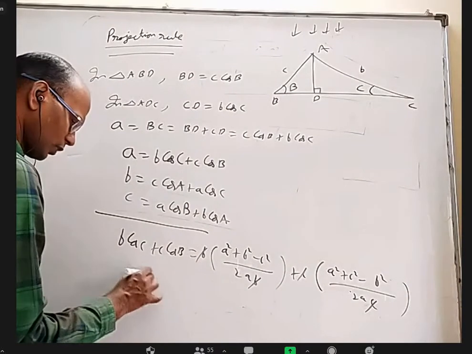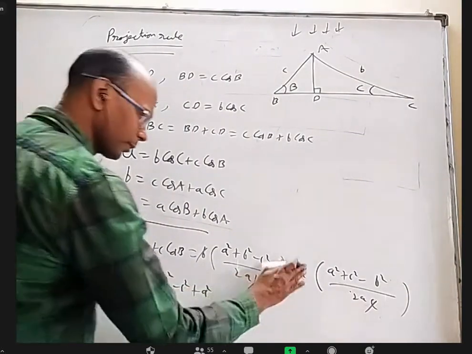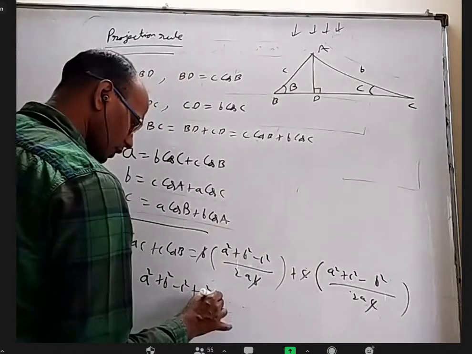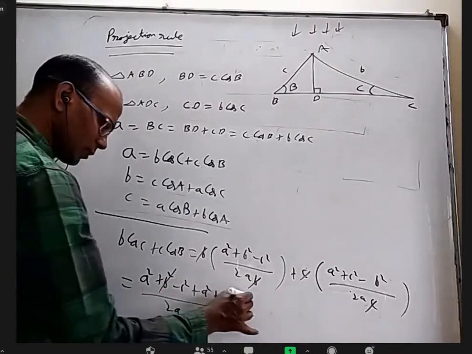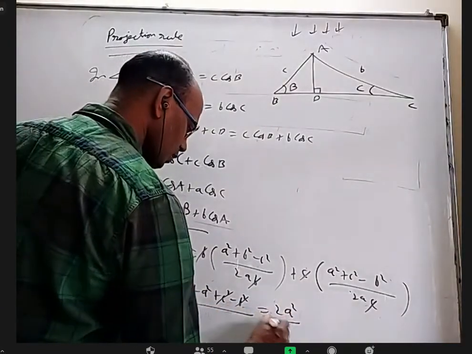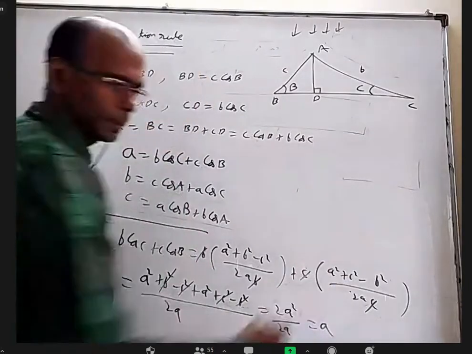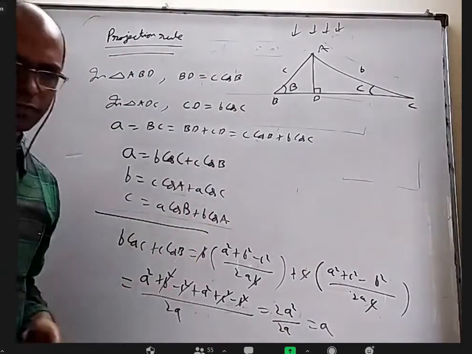I can add numerators, I'll get a square plus b square minus c square plus a square plus c square minus b square by 2a. Minus b square and b square will cancel, minus c square and c square will cancel. 2a square by 2a, which is a. What we proved simply by projections just on the figure.